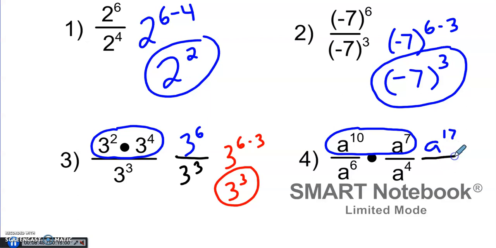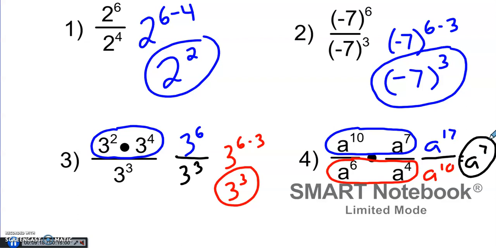That's going to be divided by a to the 6th times a to the 4th. Same base, that means we add the exponents. It's going to be over a to the 10th. Which means our final answer is going to be a to the 7th, because 17 minus 10 gives you 7.